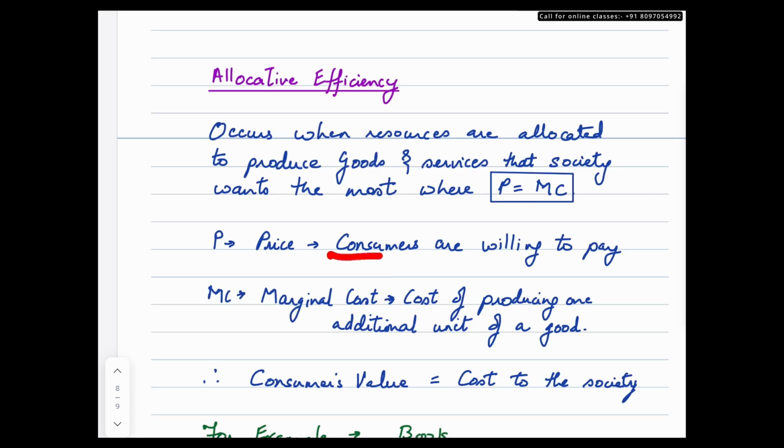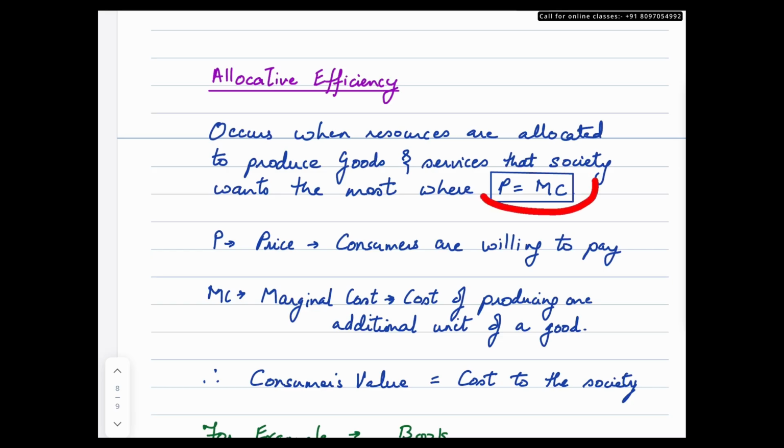Price is something that consumers are willing to pay for one more unit of a commodity. Basically, it is a measure of how much a good is valued by the people or the consumers. Marginal cost, on the other hand, is the cost of producing one additional unit of a commodity. It would basically measure how much resources are getting used up to produce one more unit of the good.